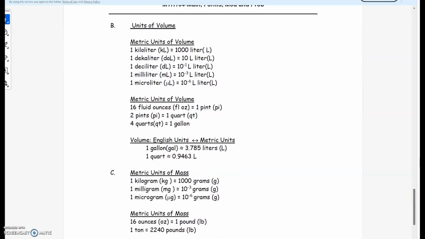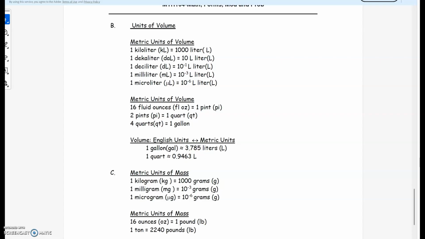Now we're given the quantity in fluid ounces. So 16 fluid ounces is 1 pint, 2 pints is a quart, and 4 quarts is a gallon. So let's write this down. 16 fluid ounces is equal to 1 pint, 2 pints is equal to 1 quart, and 4 quarts is equal to 1 gallon.